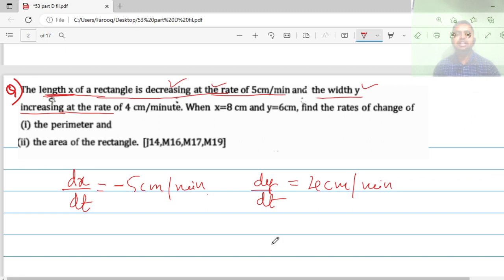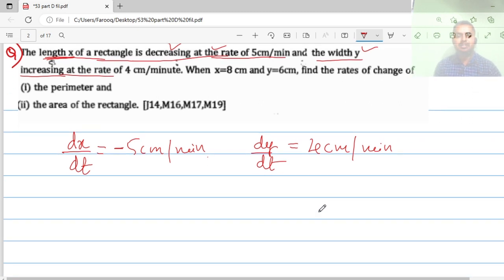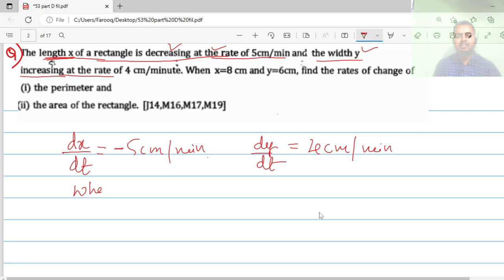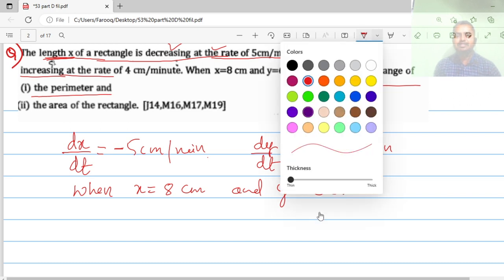When x is equal to 8 centimeter and y is equal to 6 centimeter, find the rate of change of the perimeter of the rectangle and the area of the rectangle.